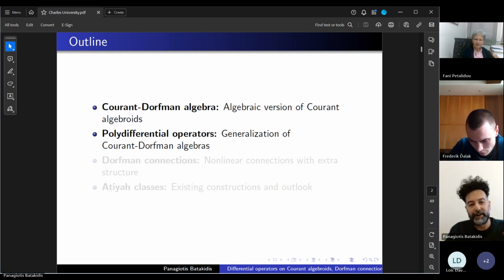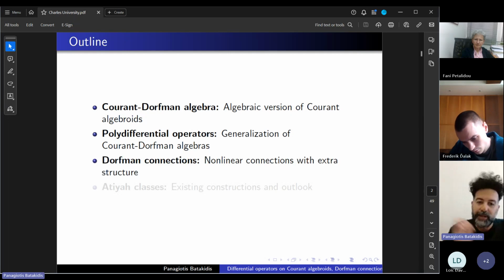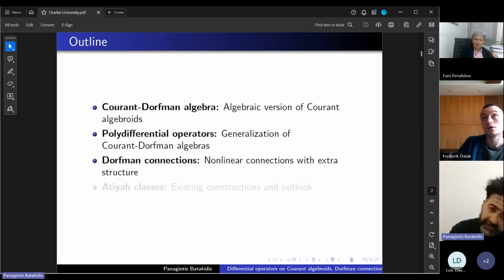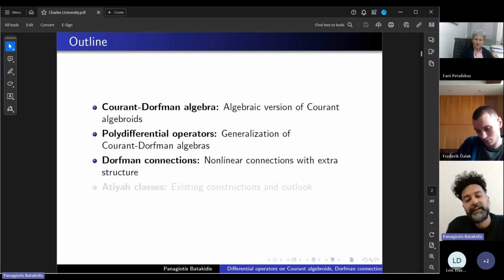Now, in the third bullet, we're going to define Dorfman connections of Courant algebroids, and there are a few features of these connections that are different. Most people study linear connections of Courant algebroids, and some things are straightforward when you do that.